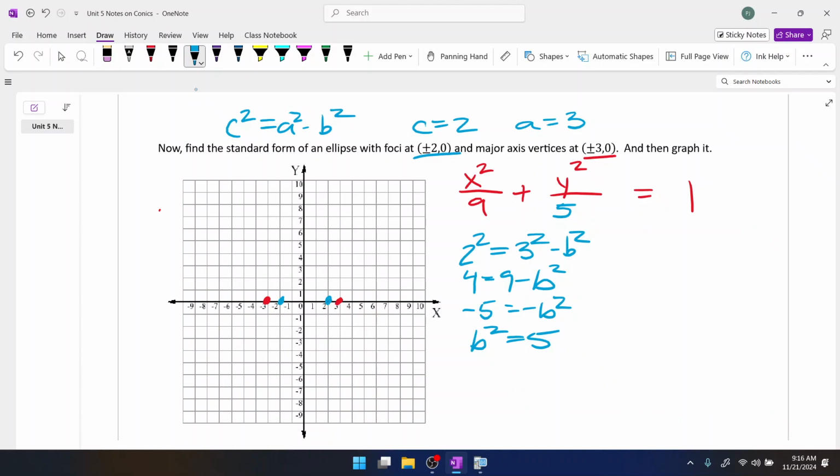How do I know? The foci are given to you. Foci is this, it's c. So that's how you know.